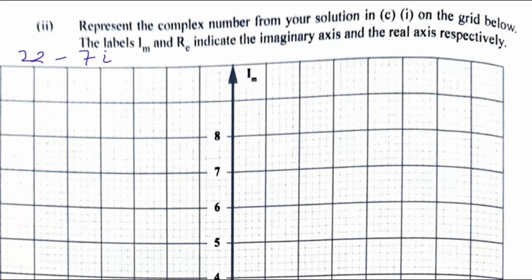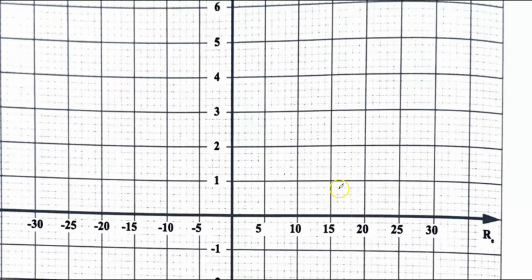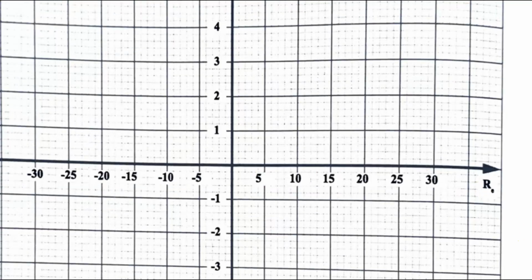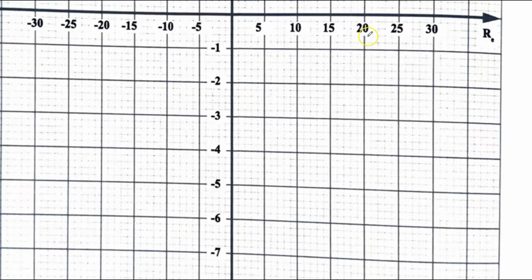So we're doing an Argand diagram, right? A graphical representation of a complex number, 22 minus 7i. So 22 is a real component. So here's the scale. So 22 minus 7i we're representing. So it should be down here. Alright, so here's 20. And of course, 22 will be right here.